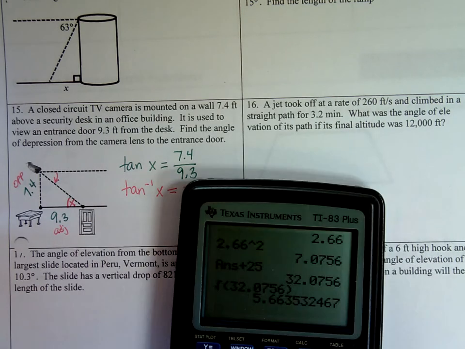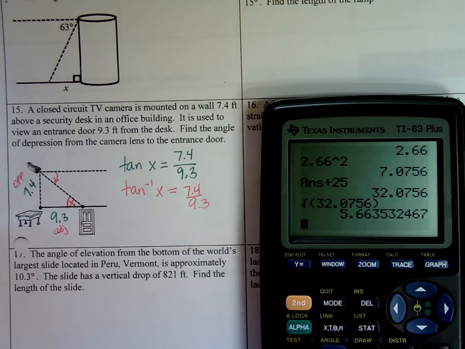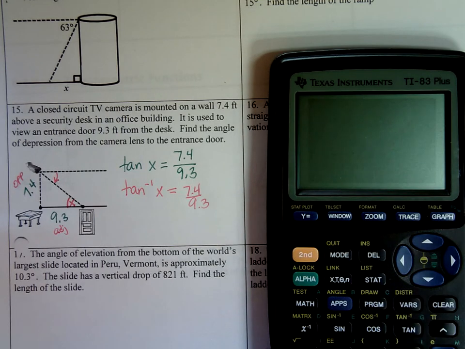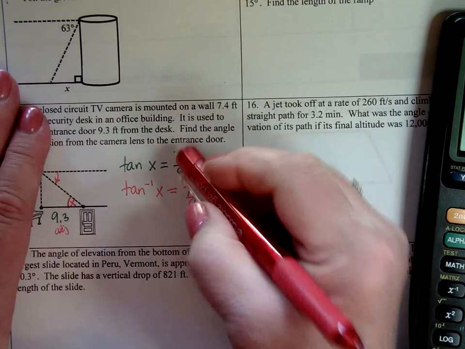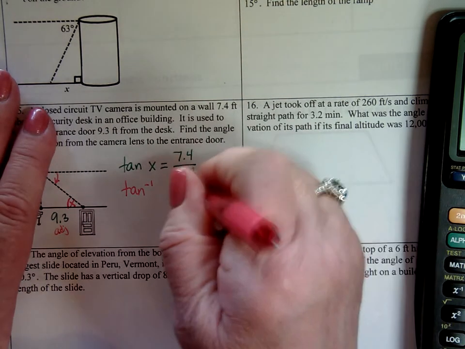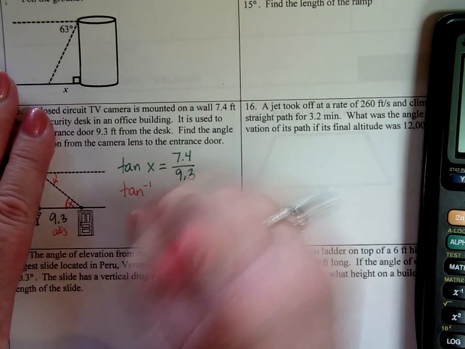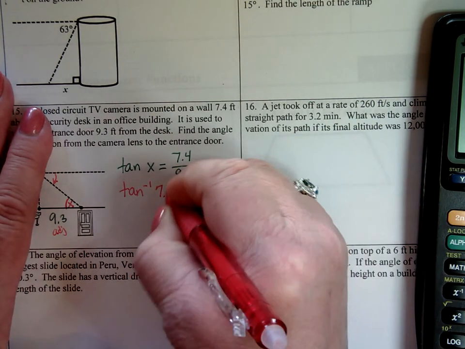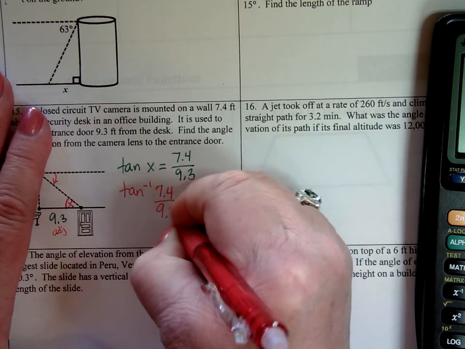Okay, here's my calculator. So I want the tangent to the -1 guy. So second tangent. And I probably should write this a little differently. Hang on a second. Tangent to the -1 of 7.4 over 9.3 equals X. And the question is, what's the X?